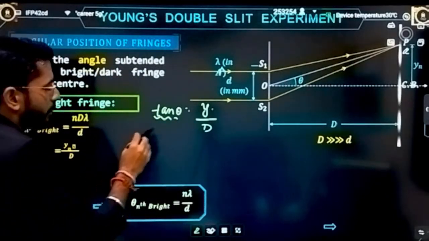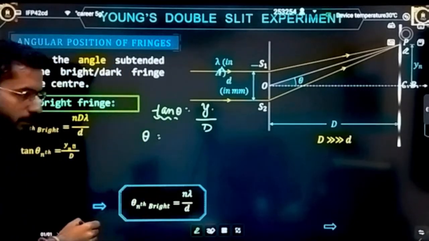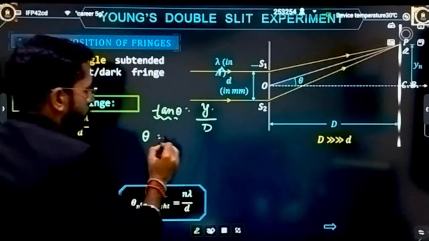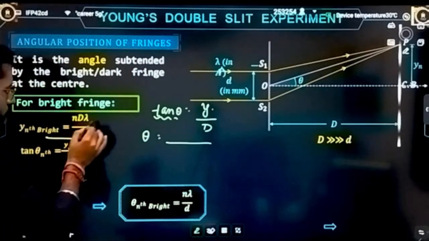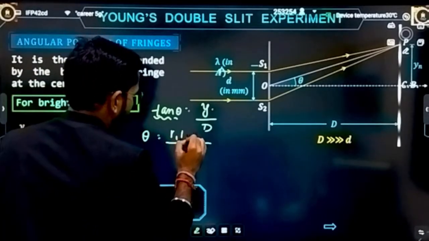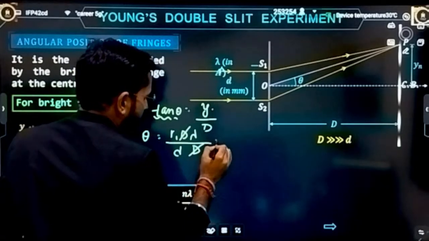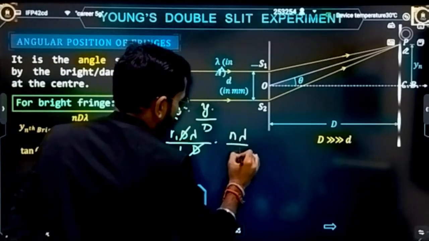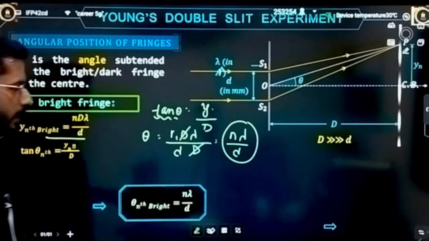That's why, if this theta is very small, I can write it directly as theta. And theta is equal to y divided by D. Y is equal to what? You just know for maxima it is equal to nd lambda divided by d, and it is already divided by D. D will get cancelled, and here it will be left n lambda divided by small d.